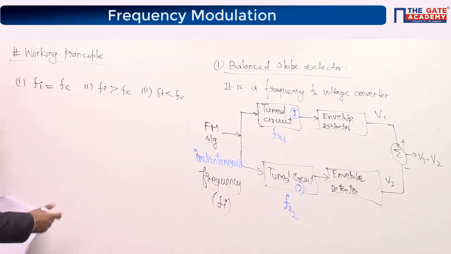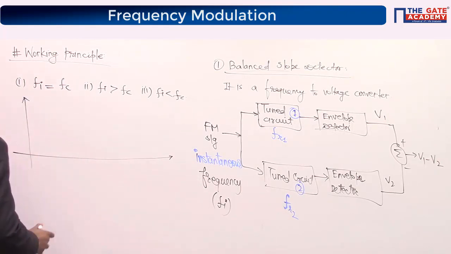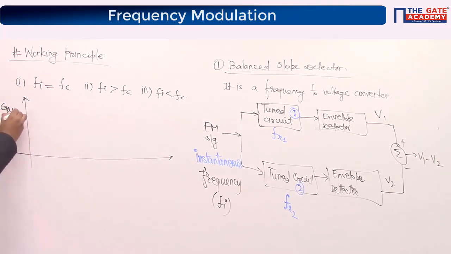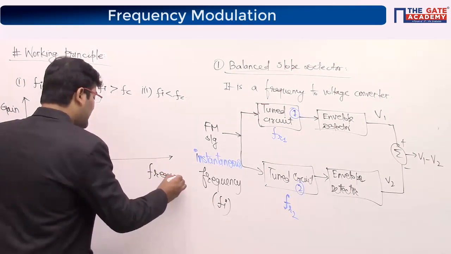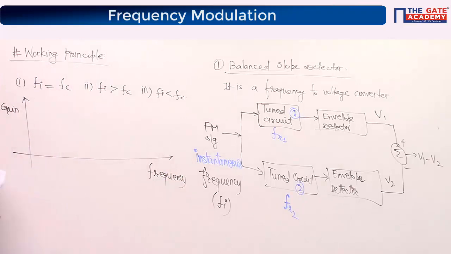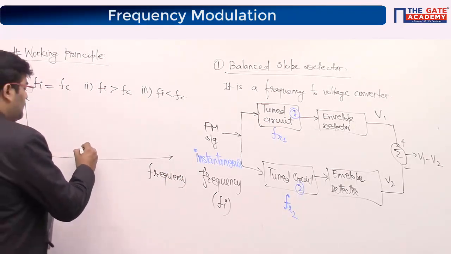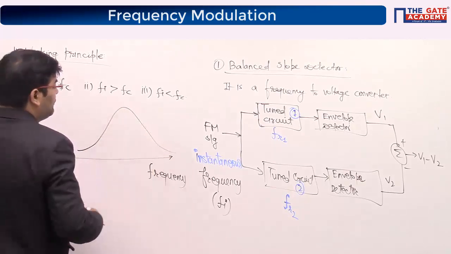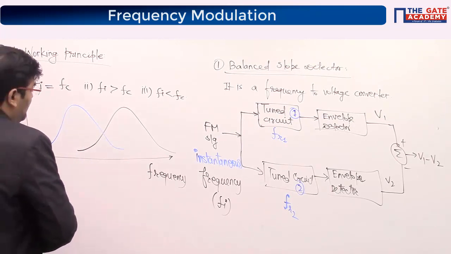Let's start one by one, but before that, let's look at the gain characteristics of these tuned circuits. This is gain and this is frequency on the x-axis. Let me draw the first tuned circuit gain characteristic, and this is the other tuned circuit.